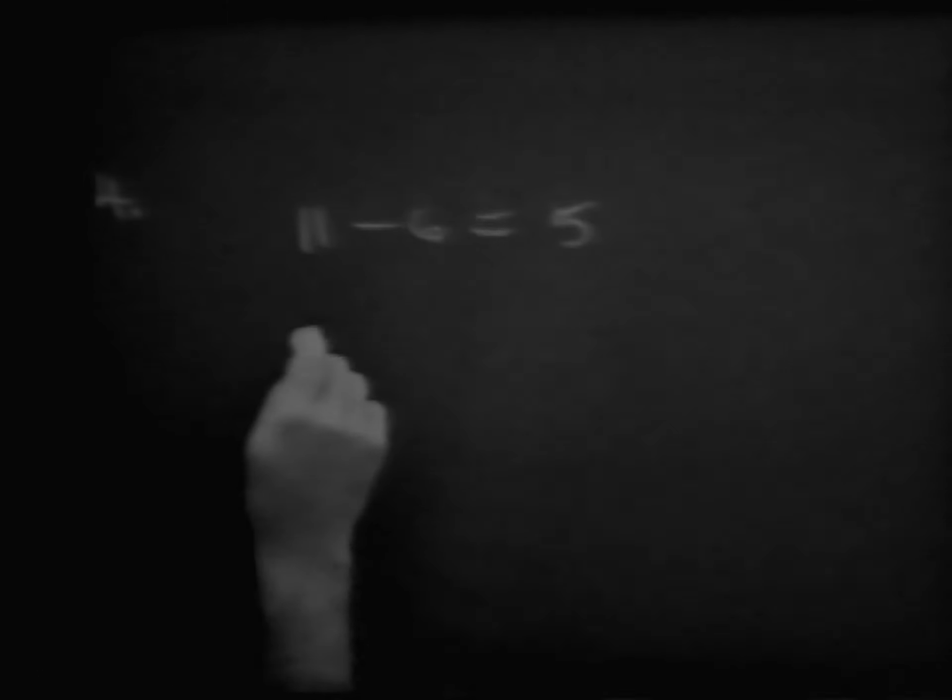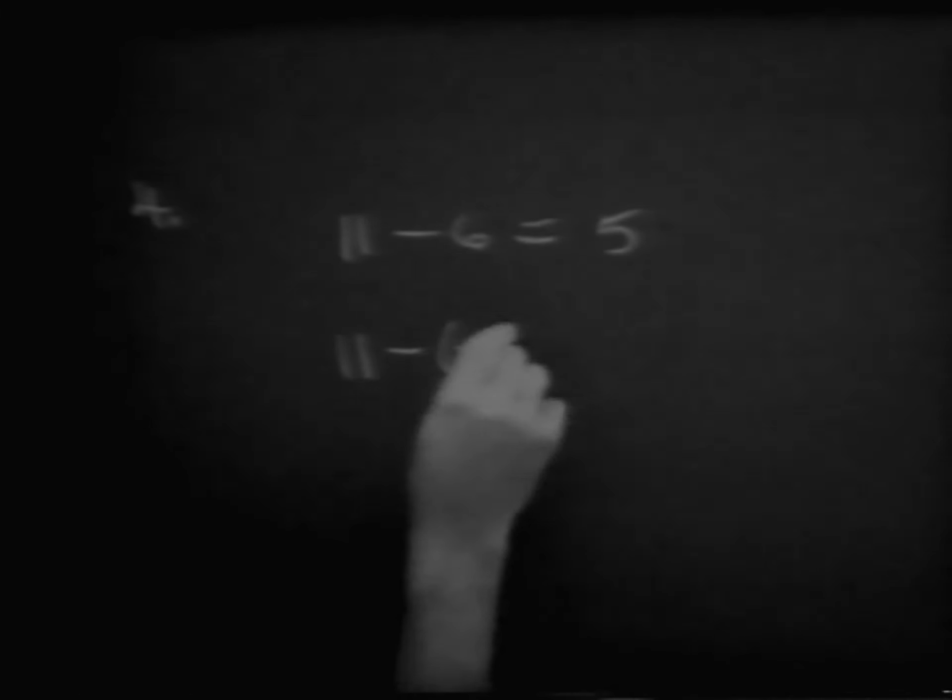Let's do a couple of examples, or perhaps more than a couple. Let's look at something such as 11 minus 6. Of course, everyone says that 11 minus 6 is equal to, Kirby says, 5. Well, let's take the example of 11 minus a negative 6. Now, without having to go through this theorem, or think of the number line, what is the simpler name for 11 minus a negative 6? Brenda says 17.